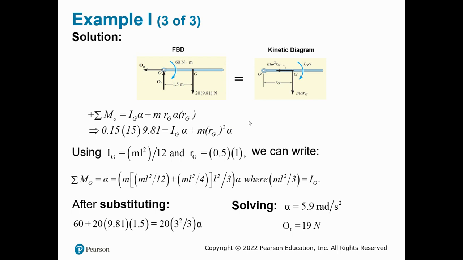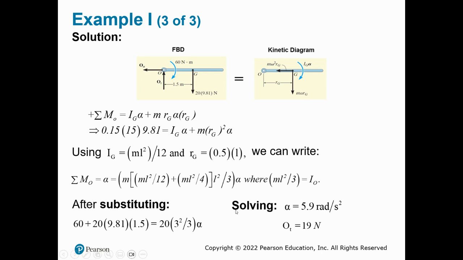Oh, wait a minute, the third equation, sorry. You have the sum of moments about point O equals IG alpha plus m RG times alpha RG. Since it's a rod, we plug in the formula for IG, the mass moment of inertia for a rod, which is 1 over 12 m L squared, and RG is going to be half the length of the total rod.